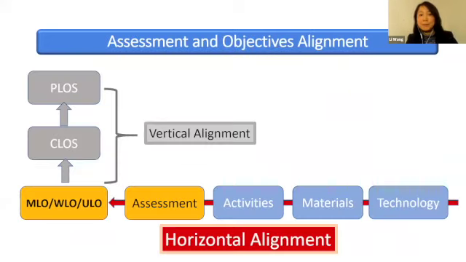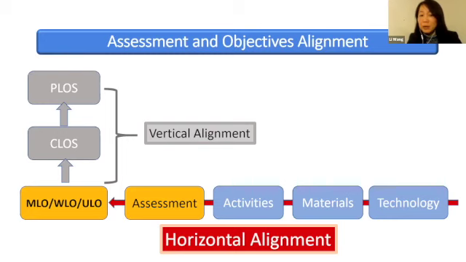Like we mentioned about this concept last time, when we redesign our courses, whether it is face-to-face, hybrid, or purely online, this concept of alignment is applicable to every modality. We have the vertical alignment, where our module, weekly, or unit level learning objectives support course level and then program level learning outcomes.